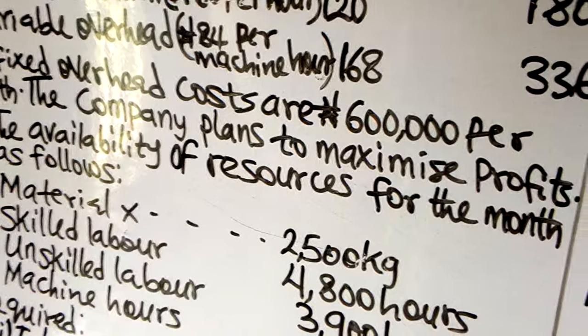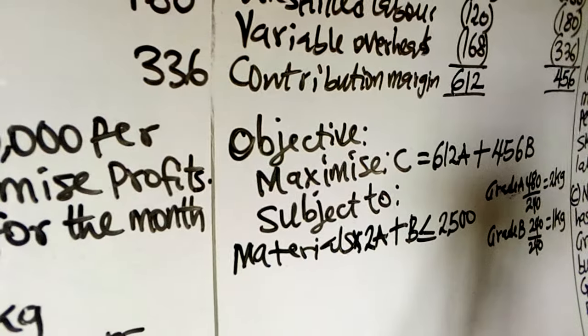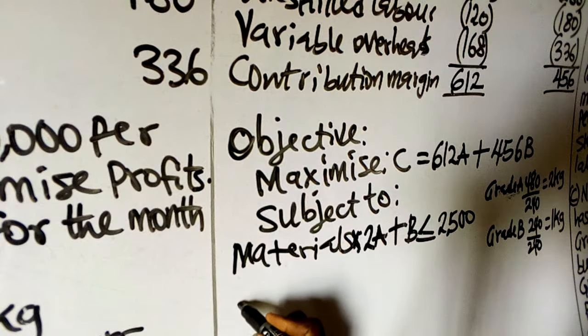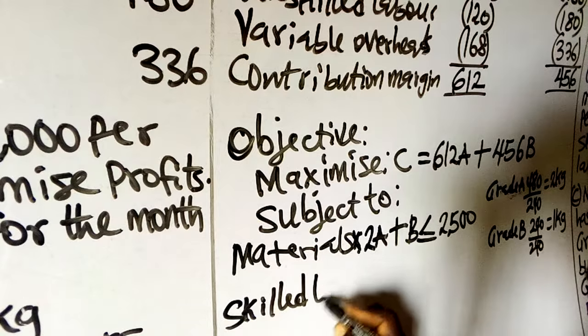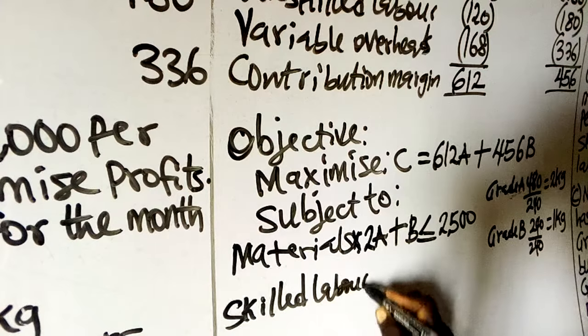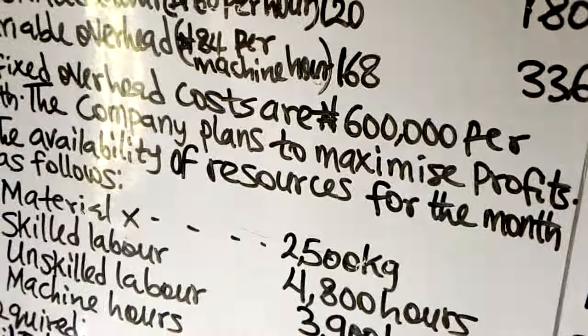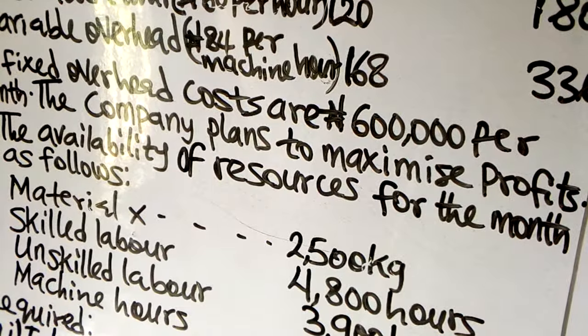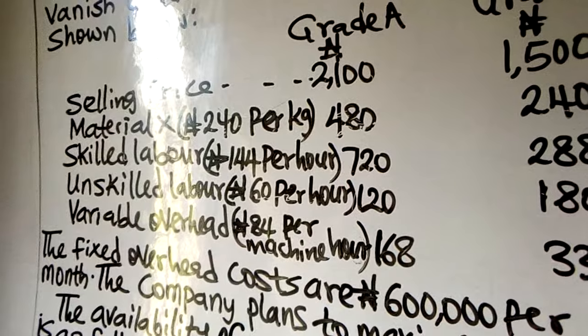Then the second constraint is skilled labor. The maximum available skilled labor hours is 4,800. This is in hours. Then you go back to where you have the information, the cost structure.